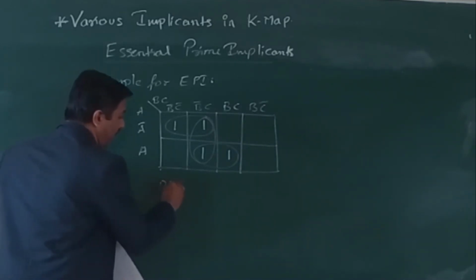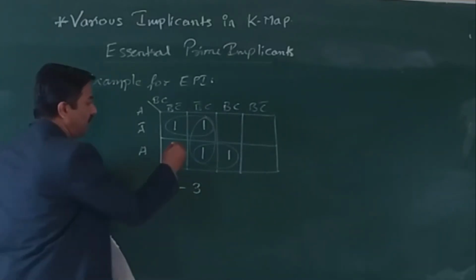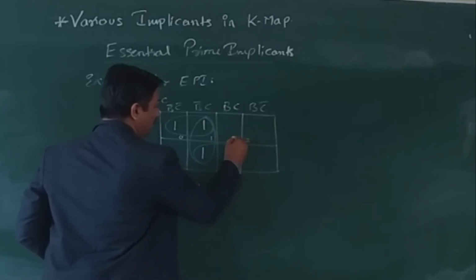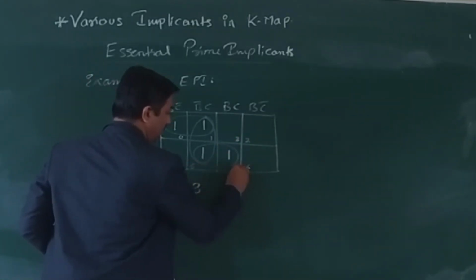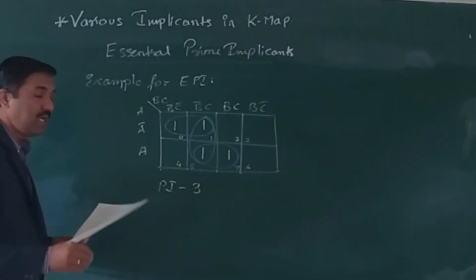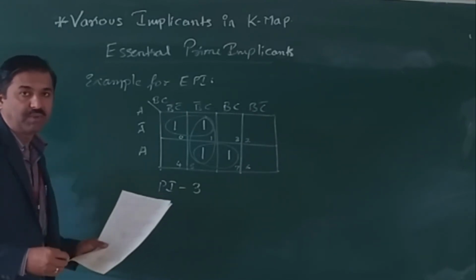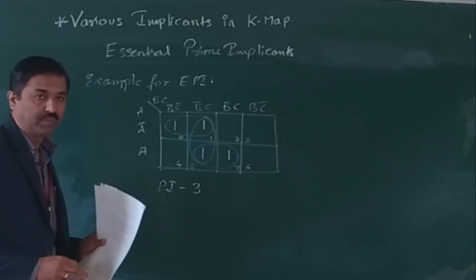Now let me name the cells 0, 1, 2, 3, 4, 5, 6 and 7. If you see a min term which has not been covered by any other prime implicant, it should not be a part of more than one group.